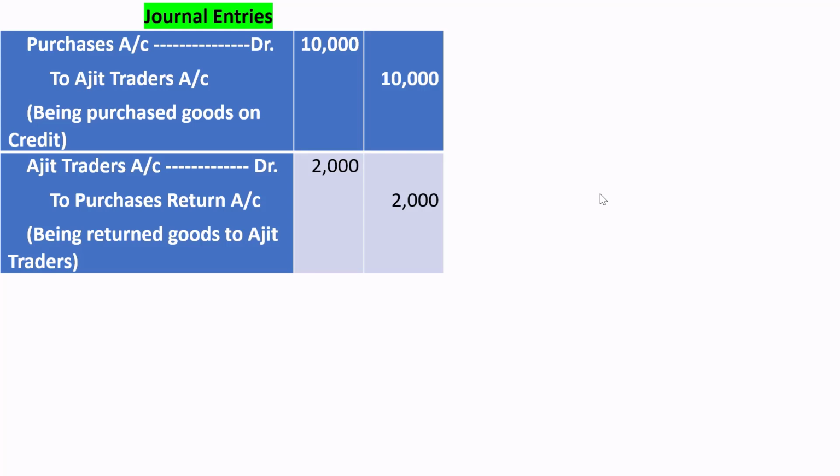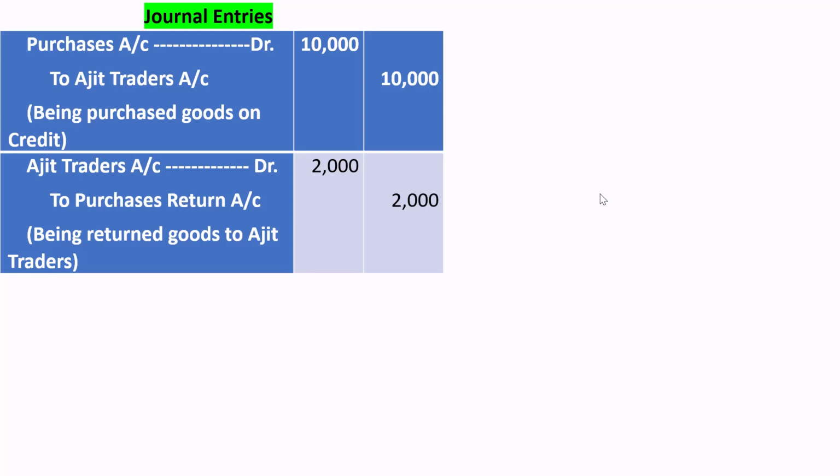Purchases account is debited, it is an expense, and Ajit Traders is our creditor because we have to pay 10,000 rupees to Mr. Ajit. When we return goods of rupees 2,000 out of 10,000, as the goods are defective, the journal entry is Ajit Traders account debit to purchases return account.